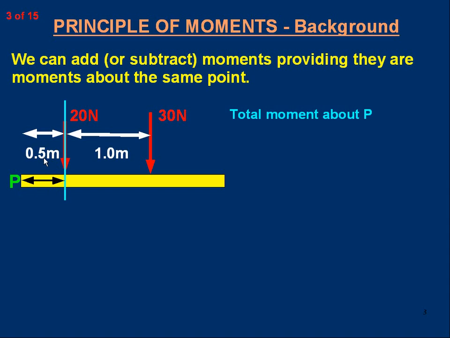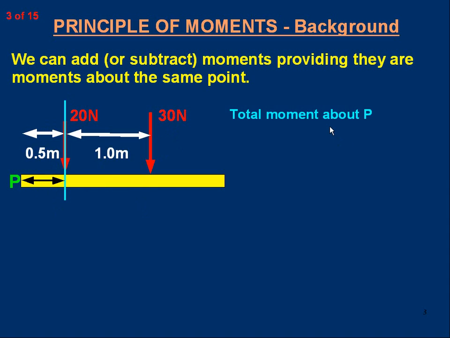So the moment of the 20 Newton force about point P is 20 times that distance, 0.5. And the moment of the 30 Newton force about the same point will be 30 times the distance from its line of action to P, which I hope you can see is 1.5 metres, 1 plus 0.5.